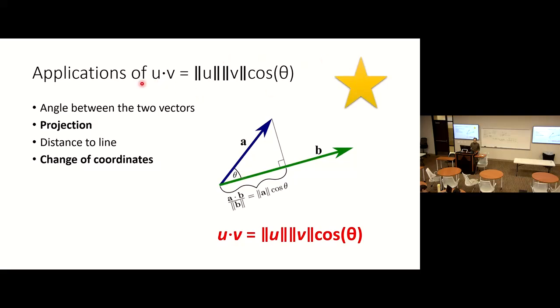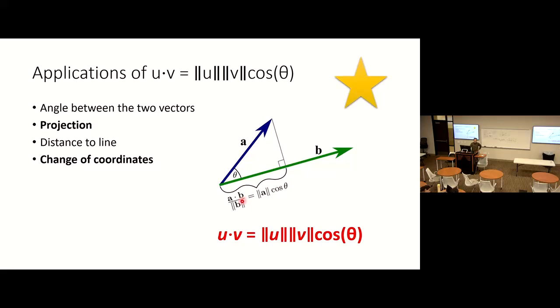And from this equation, we know you can compute this by vector A times vector B divided by the norm of B. So you can easily compute the projection of A onto B using the dot product.